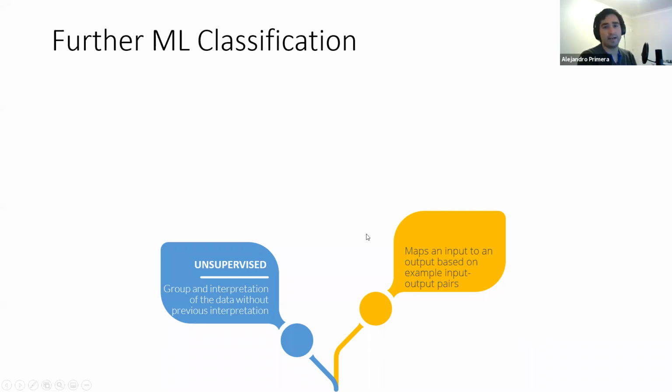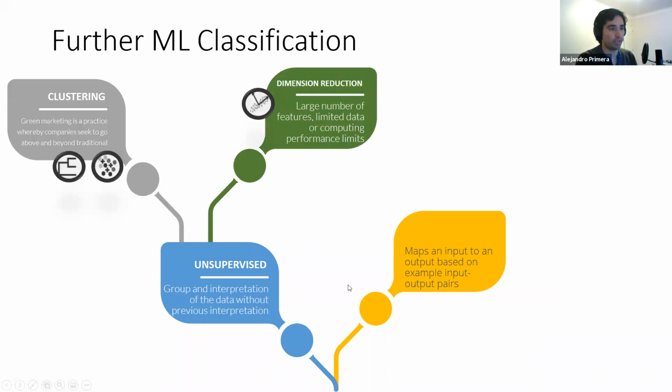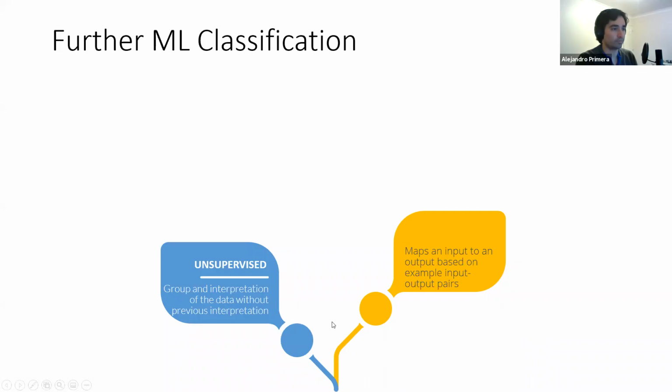So there are different types of classifications of machine learning models, and we can classify them broadly into unsupervised techniques, in which we don't have any expert knowledge necessarily doing an interpretation of a prediction.